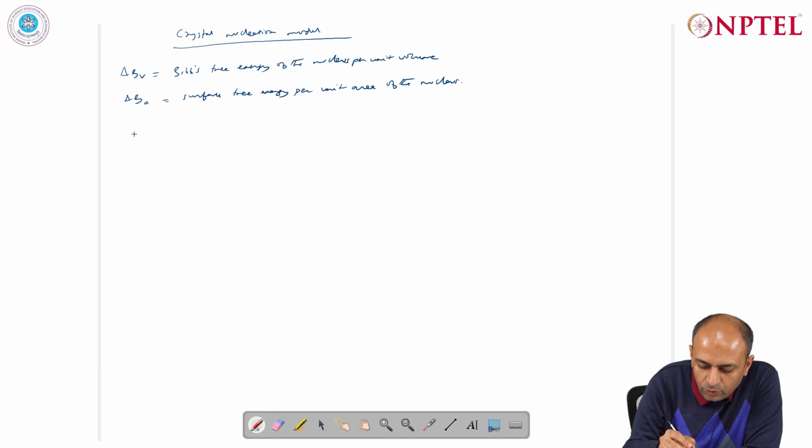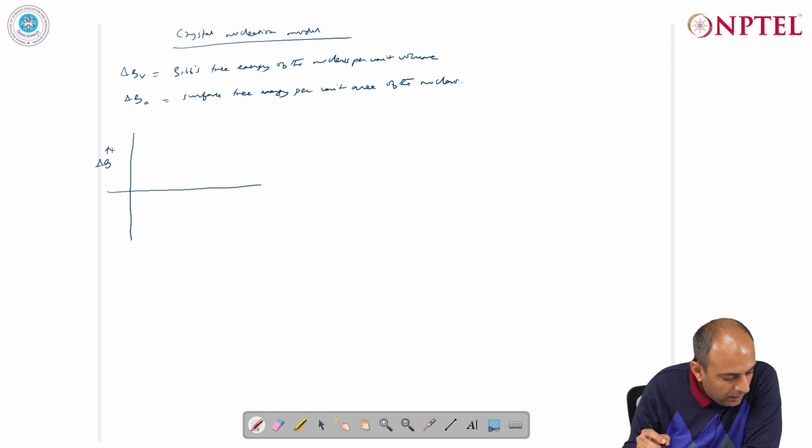And here we would like to look at this curve. So we have delta G as a function of R, and this process of nucleation involves a certain activation barrier, and once you cross this barrier, then the process of growth takes place in a facile way.